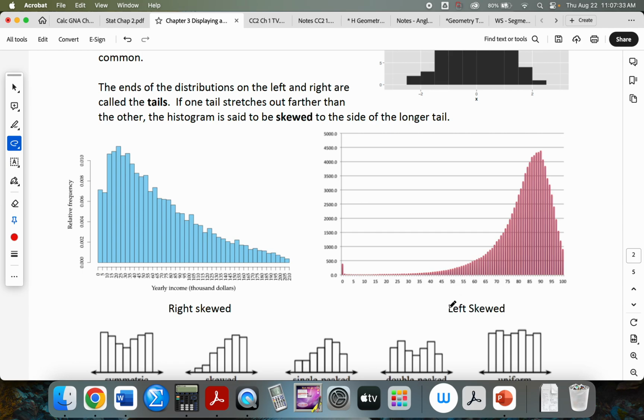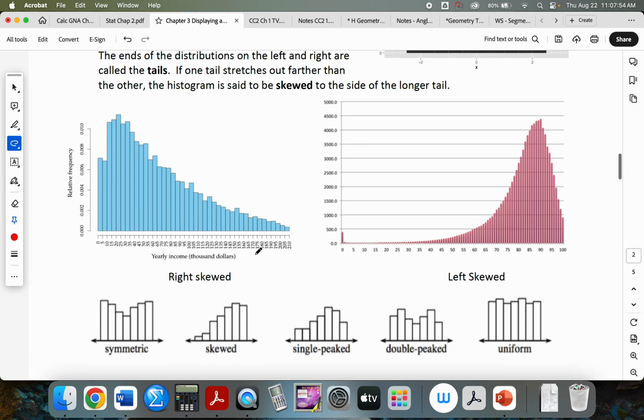Part of it is that, if we're looking at the mode, the mode here is in here, but since there's so much data over here, it would pull the mean up. So that's part of that right skewed. It's pulling on the mean. Outliers can also skew data, but that's another subject.